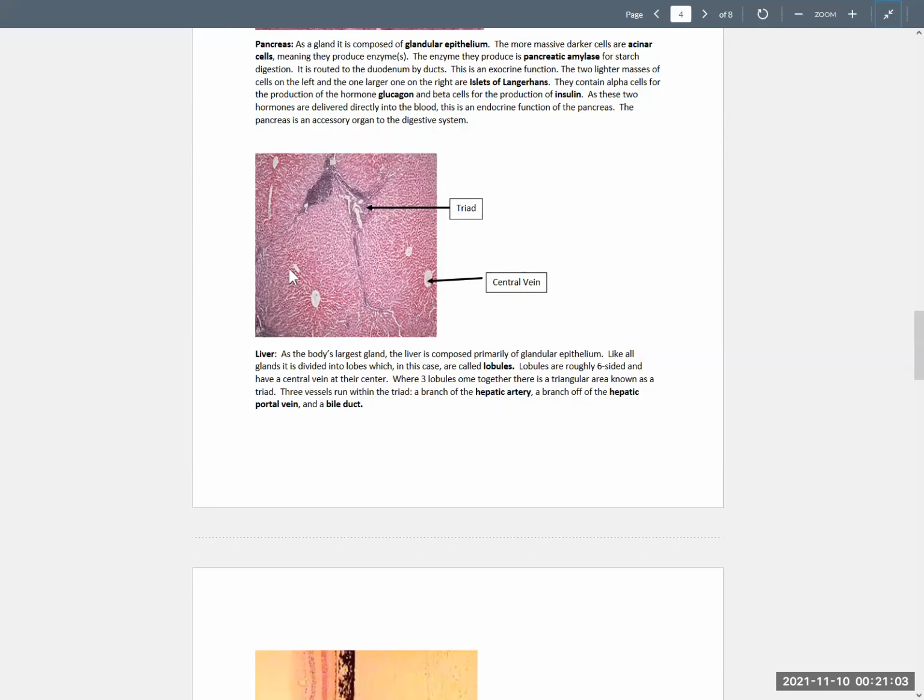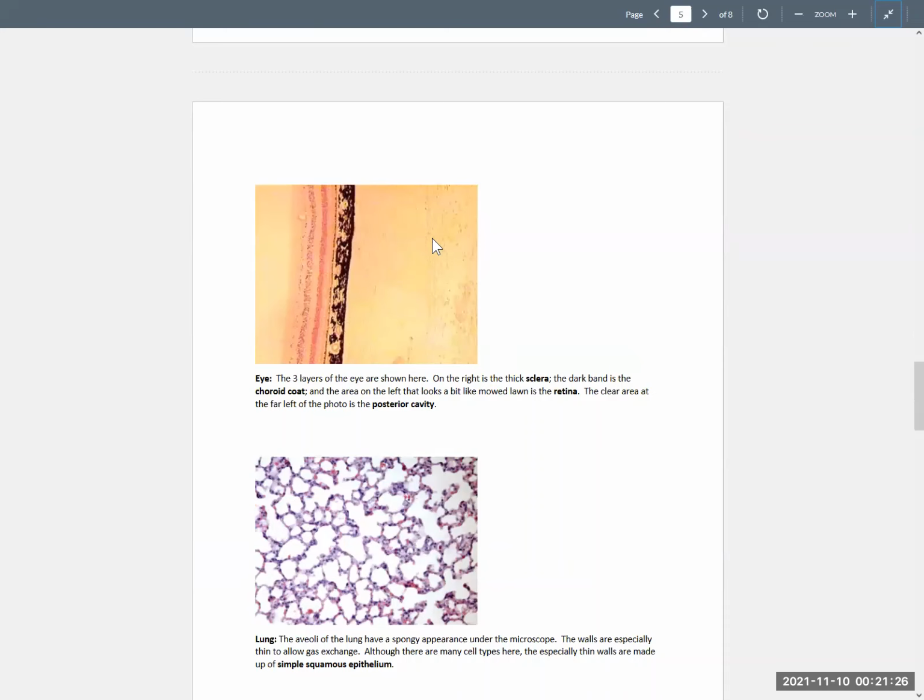We're going to go over the function, we'll go over the substructure, but if you can identify that on sight as liver, well, then you know it's a gland. It's the largest gland in the body, and therefore it's made up of glandular epithelium.